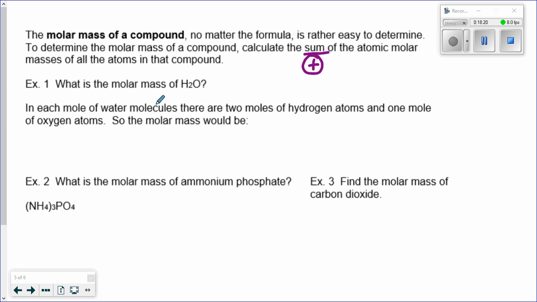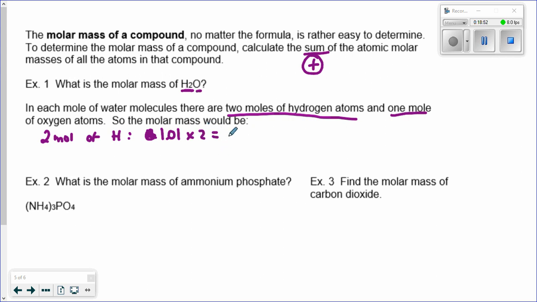So it says in each mole of water, there would be 2 moles of hydrogen atoms and 1 mole of oxygen atoms. So the way that we would calculate this, 2 moles of hydrogen. Looking at hydrogen, finding it in your periodic table, we're going to take 1.01, multiply it by 2.